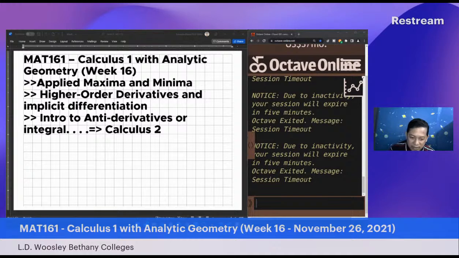So yan, makikita natin. So there are applications of maxima and minima. Let's look at some of these sample problems that we could have for maxima, minima. Okay, maximum, because the issue here is some, of course, critical.